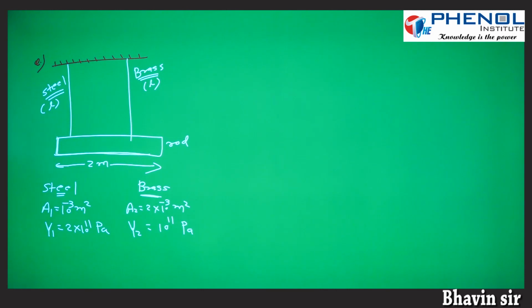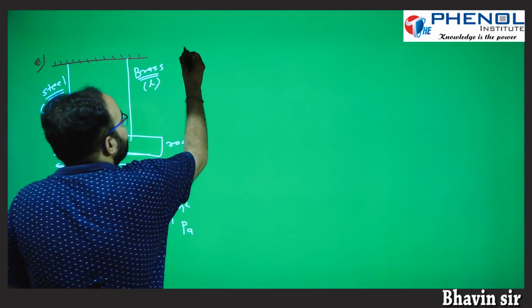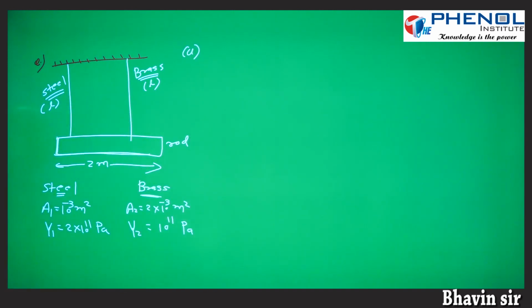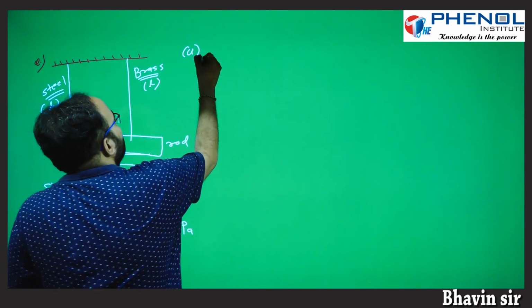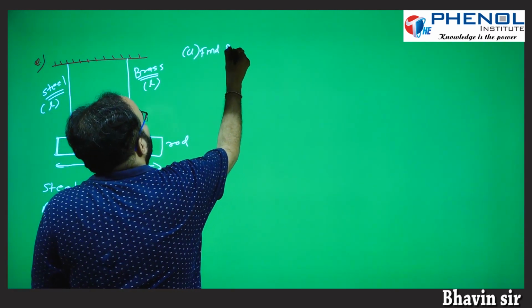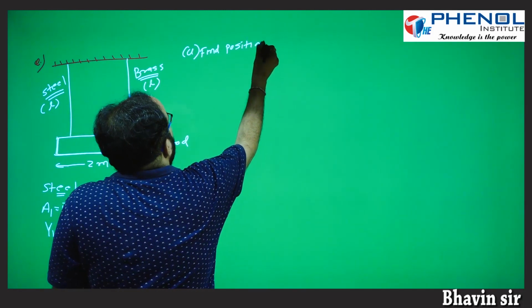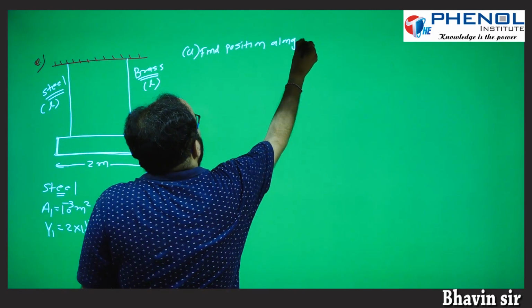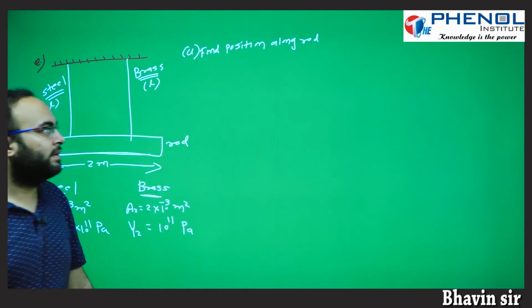So it is a two-part question. What is the first part, students? Find the position along the rod at which there is equal stress in the wires. It is a two-part question.